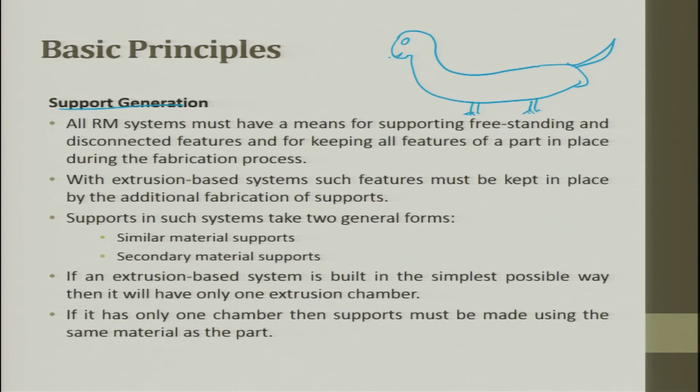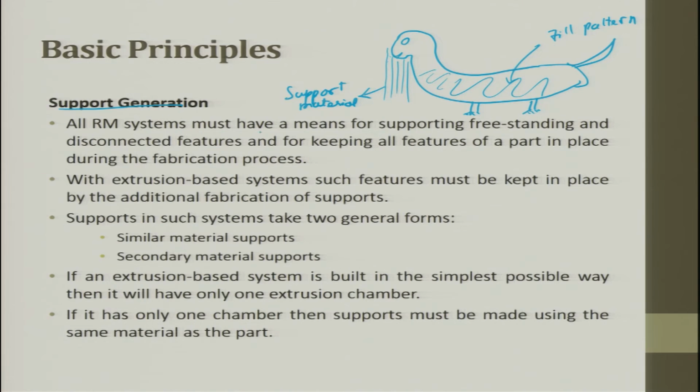So, this fellow has to be supported from here. This is called supporting material, which will not be the same as the original material. So, inside this you will have rods and lay, whatever it is, pattern. This is a fill pattern. The supporting material or the structure, whatever it is, does not play a role in the final product.